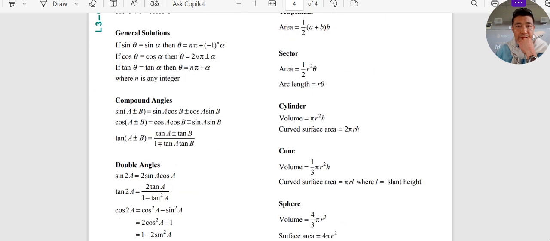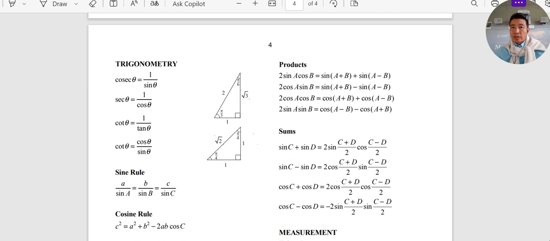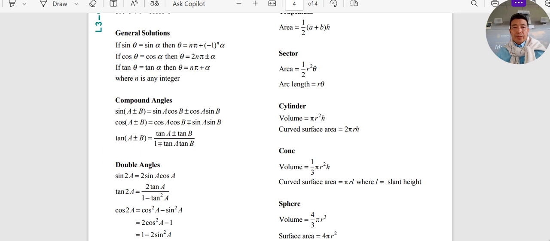Either way, this seems easier: 2 sine A cosine A equals sine 2A. All right, back to the question. As I said, you can use this one as well.